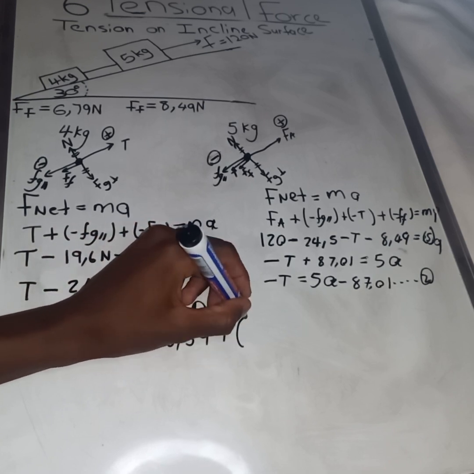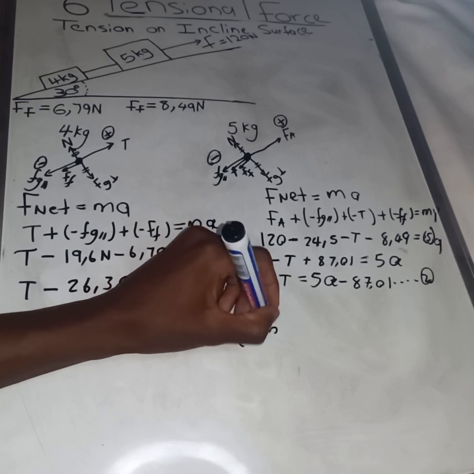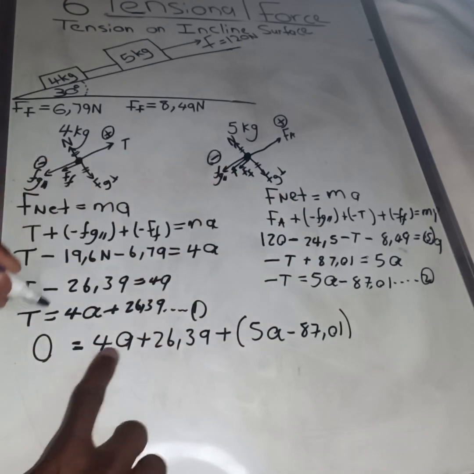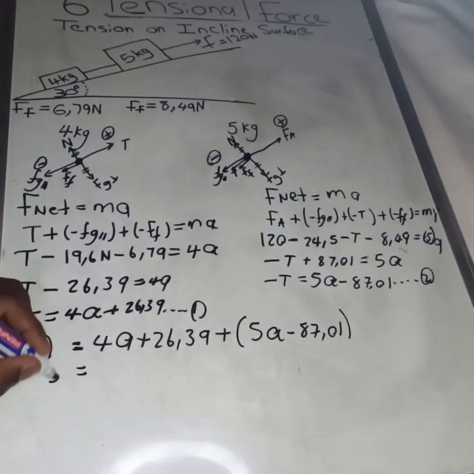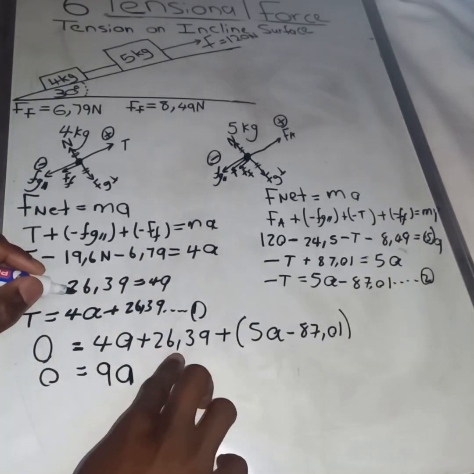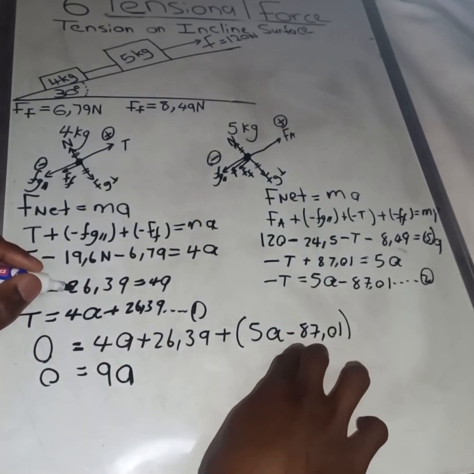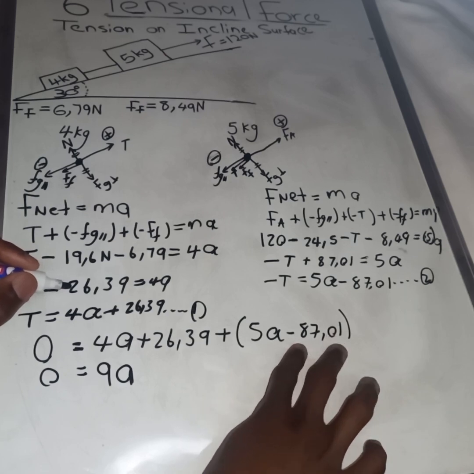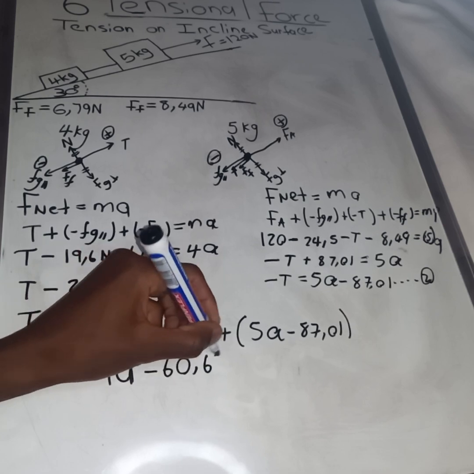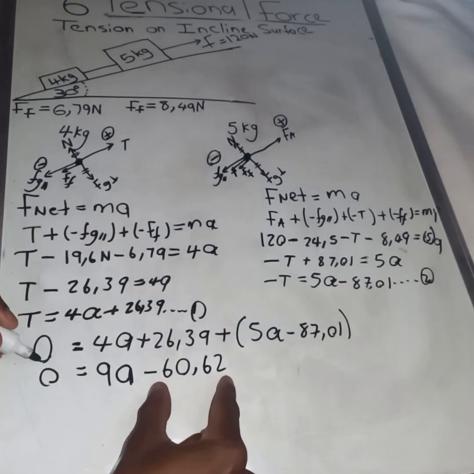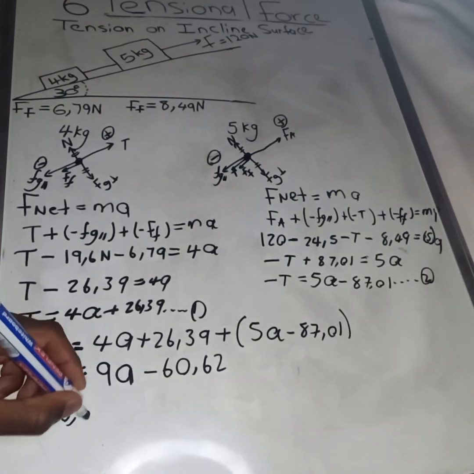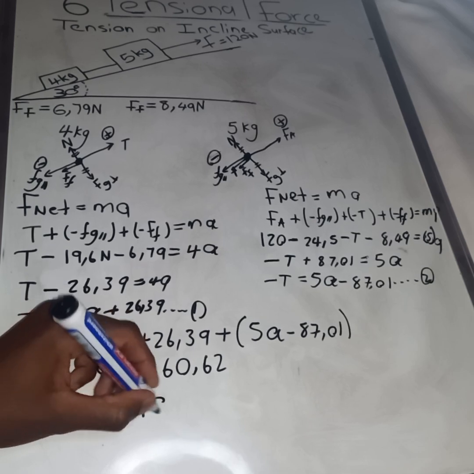Plus equation number 2. 4a plus 5a is equal to 9a. 26.39 minus 87.01, we are going to get negative 60.62. We have to transpose this value to the left. It changes sign. It becomes what? Positive 62.62 is equal to 9a.